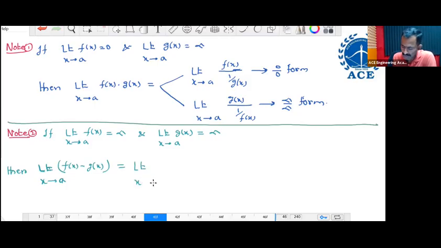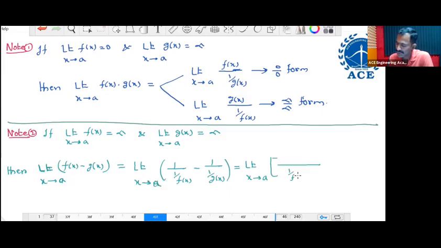Limit x extends to a of 1 divided by 1 by f of x minus 1 by g of x equals limit x extends to a of 1 by f of x into 1 by g of x. And that 1 by g of x comes to the numerator, minus 1 by f of x. Right? Now this is something by something. It is in the form of 0 by 0 only.